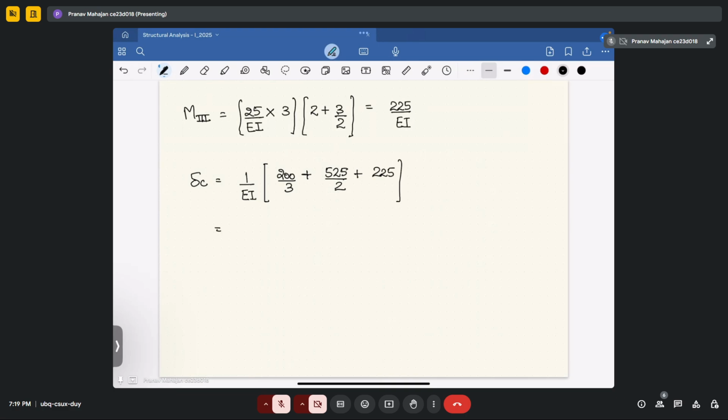That will be equal to 3325 upon 6 EI. If you substitute the value of EI here, that will be equal to 3325 divided by 6 into E, which is 250 GPa, so 250 into 10 power 3, and 200 mm square, mm to power 4.